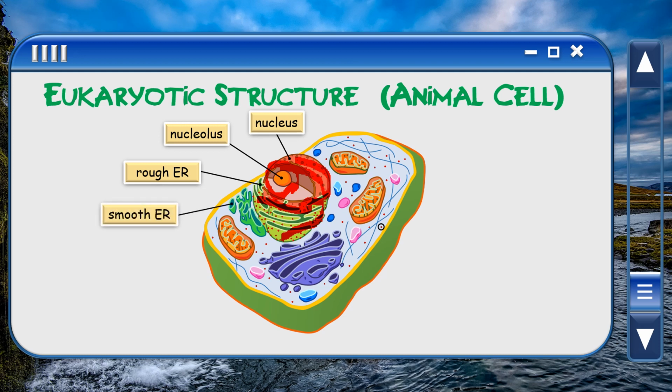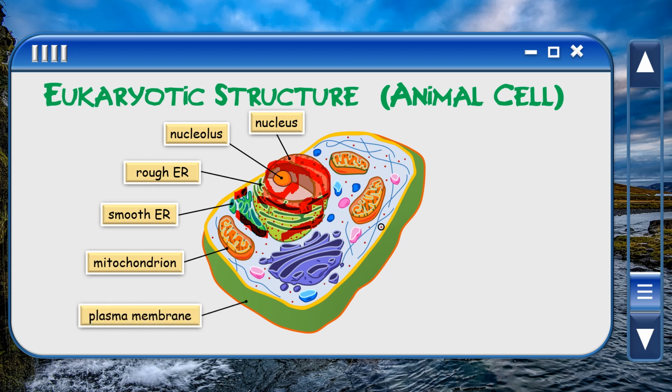And outside the rough structure, we have the smooth one. The smooth one here, which is green in color, is what we are referring to as the smooth endoplasmic reticulum. And we have now our structure here, the mitochondria, the powerhouse of the cell. Then we have the plasma membrane, which is the outer membrane. We have the lysosomes.